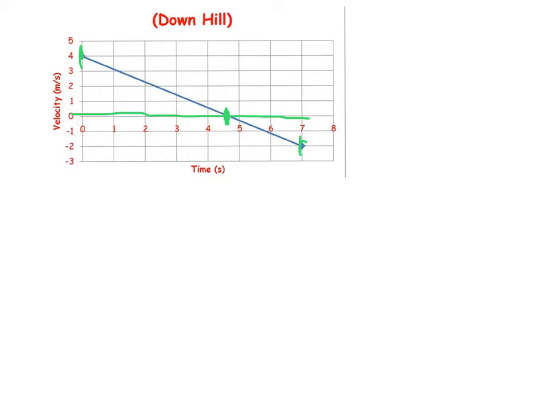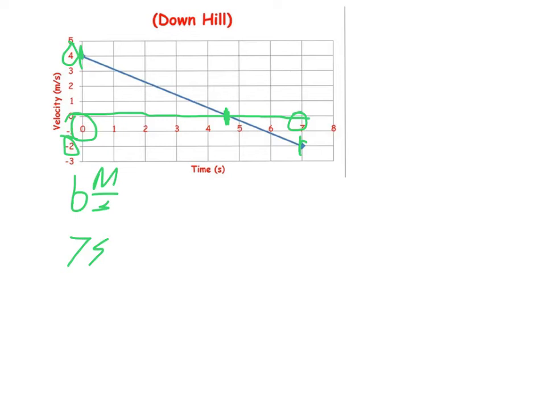When I look at this, I see that it starts off at 4 meters per second, and the whole line ends at 2 meters per second. That's a grand total change of 6 meters per second. That took a total of 7 seconds, from 0 to 7. So it is changing by 6 every 7 seconds.